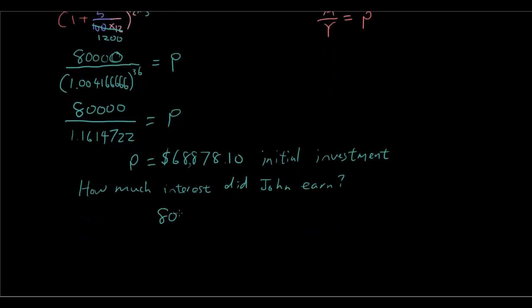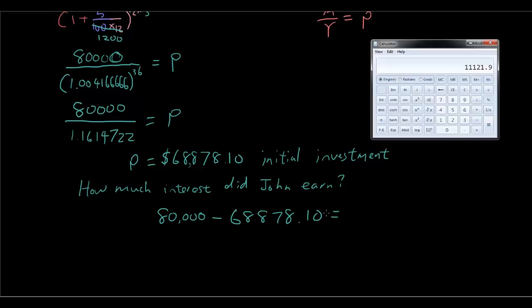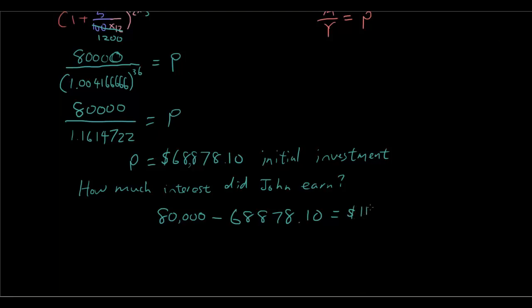So 80,000 minus the initial amount is 11,121.9. Right, that is the amount of interest that John has earned over 3 years.